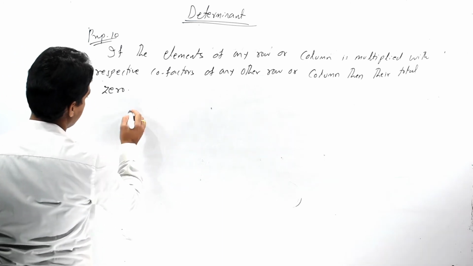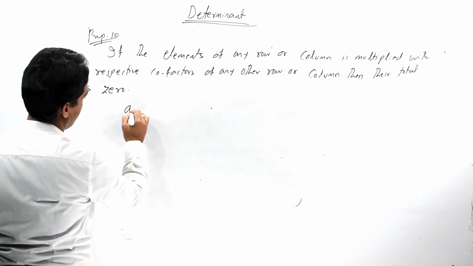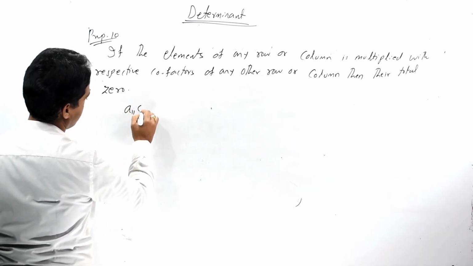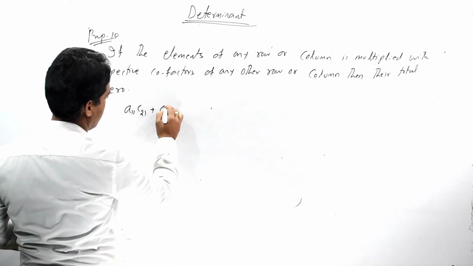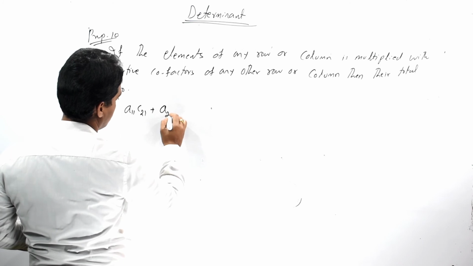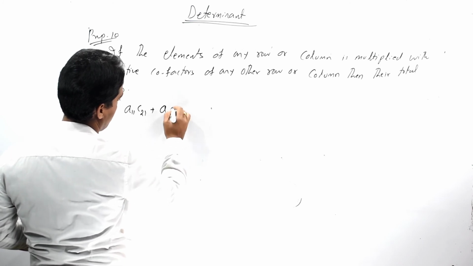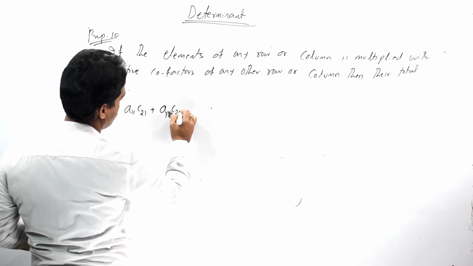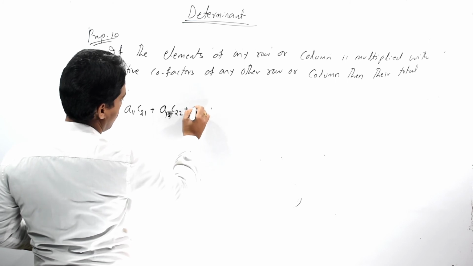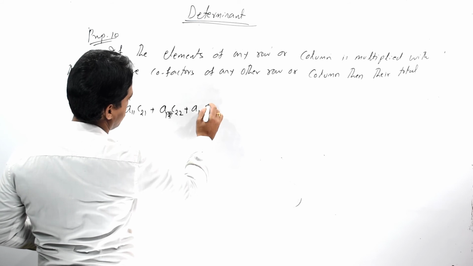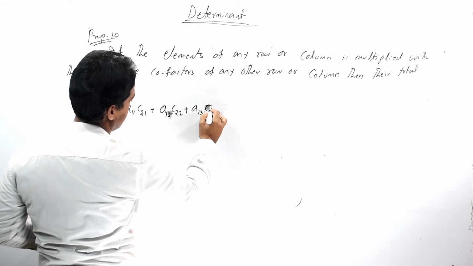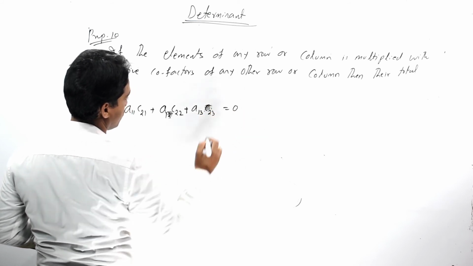That means A11 into C21 plus A12 into C22 plus A13 into C23 equals 0.